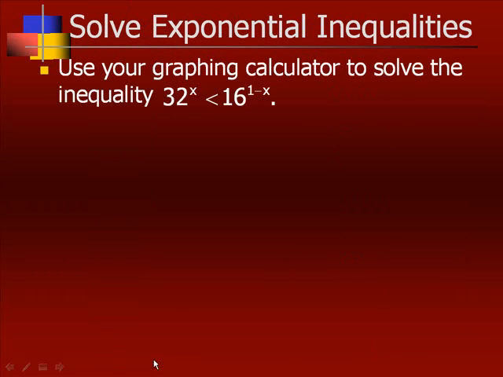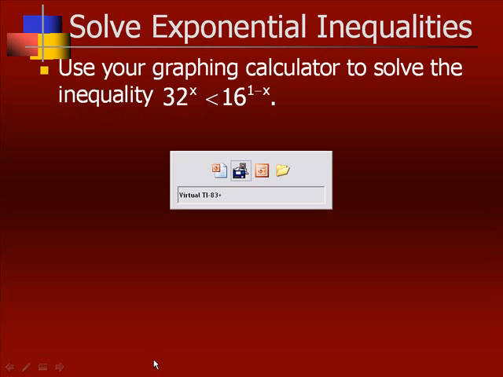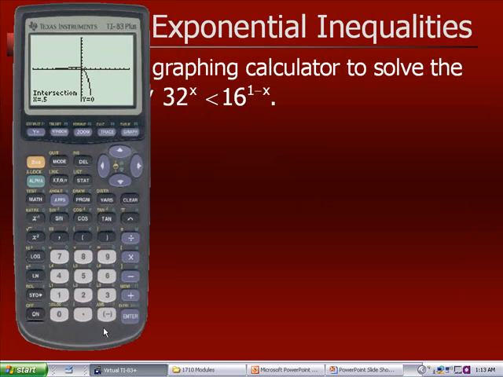Now, use your graphing calculator to solve the inequality 32 to the x is less than 16 to the 1 minus x. Now, on our calculator, we're going to go up here and say y equals 32 to the power of x.